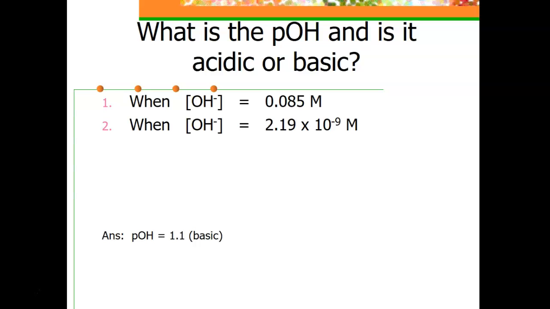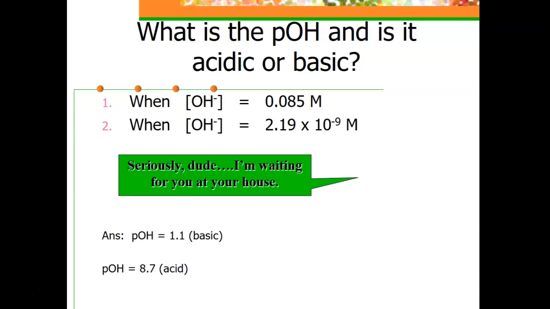So when you do that first one, you would have gotten 1.1. 1.1 is less than 7, so on a pOH scale, it means that it is a base. The second one, you would have done negative log 2.19 times 10 to the negative 9, close out your parentheses. You would have gotten a value of 8.7, but it is a pOH. So if I'm greater than 7 on a pOH, I am an acid. All right, just to be confusing.